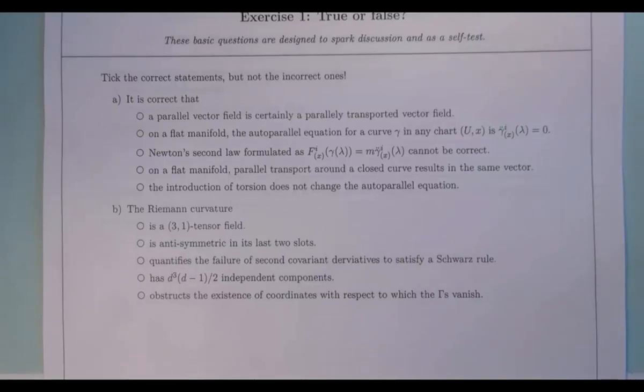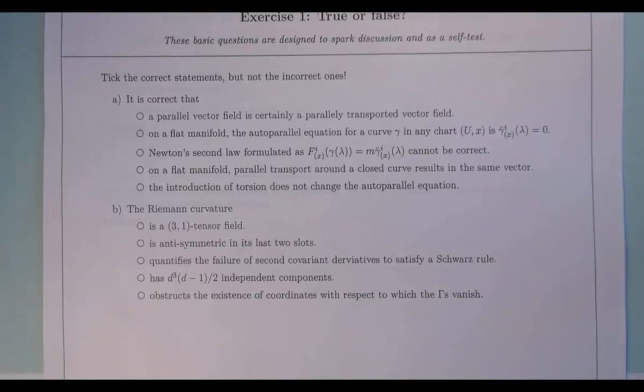On a flat manifold, the autoparallel equation for a curve gamma in any chart x is gamma double dot i of lambda is 0. So again, recall, in a flat manifold we have no curvature. Also, we have a collection of charts in which the connection coefficient functions all vanish.